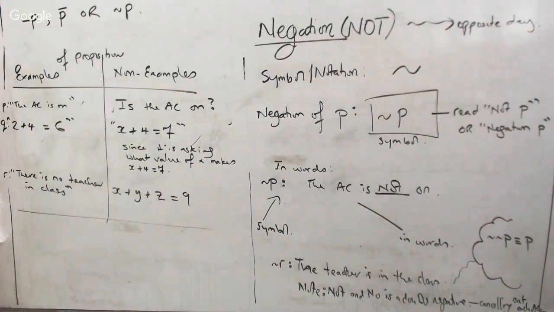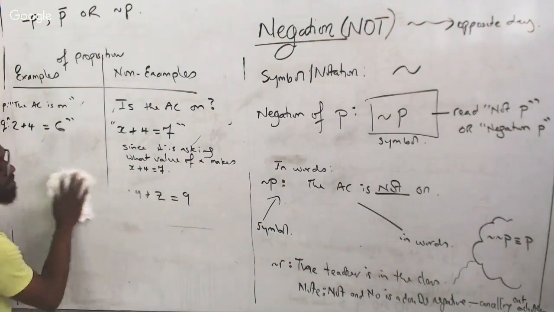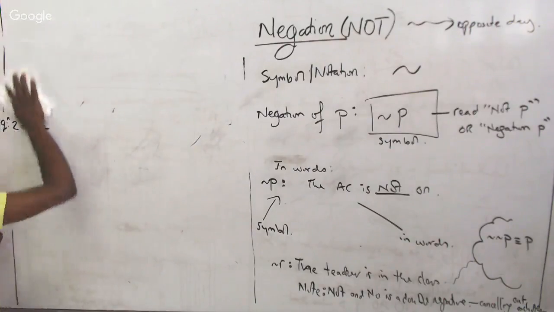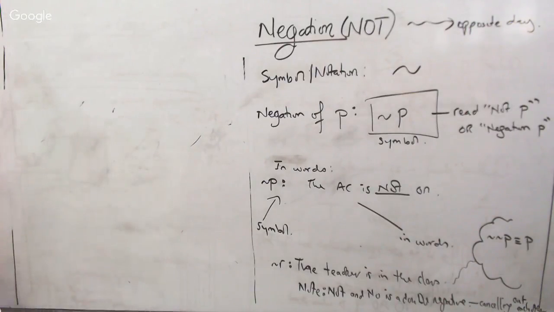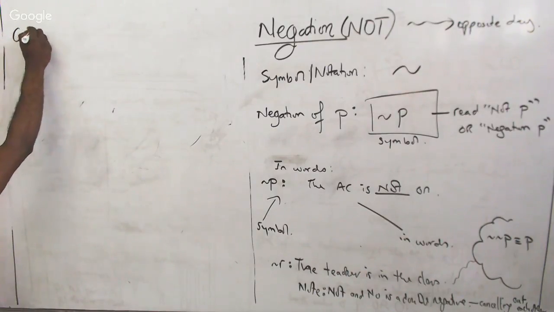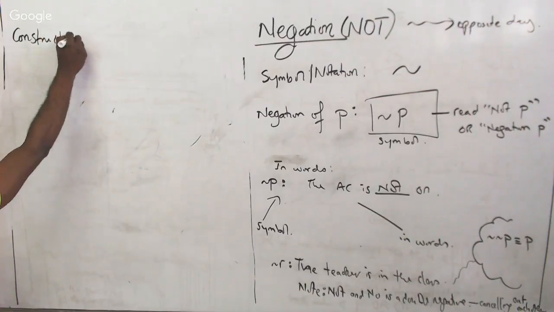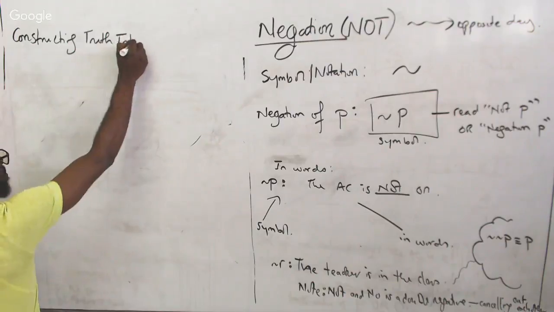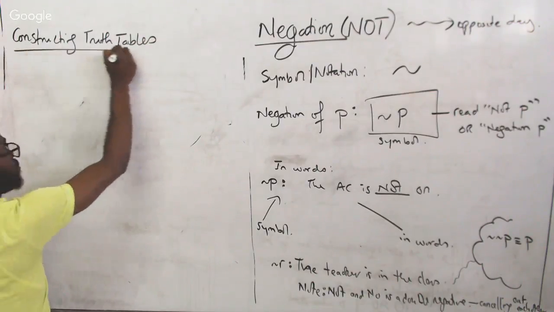May I erase all of this? Constructing truth tables.